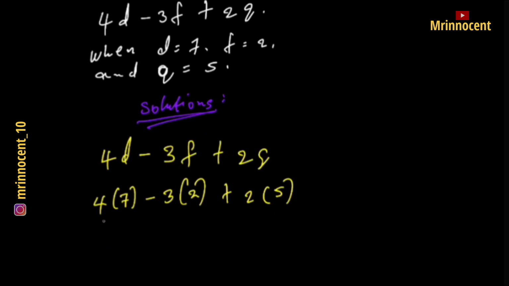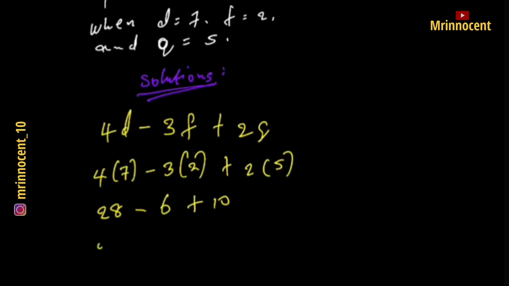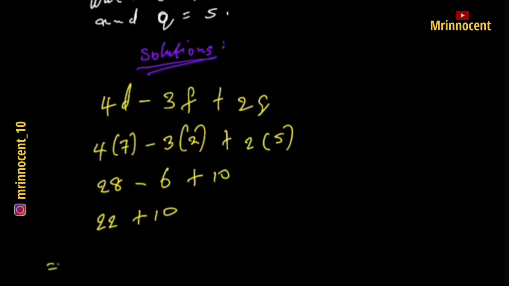So 4 times 7 is 28, minus 6, plus 10. So 28 minus 6 is 22, plus 10 equals 32.